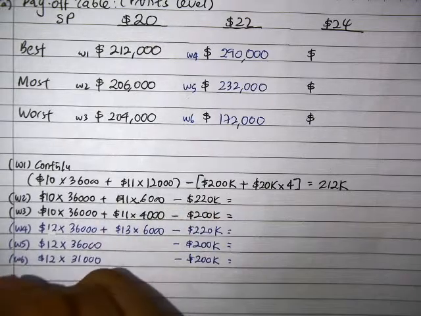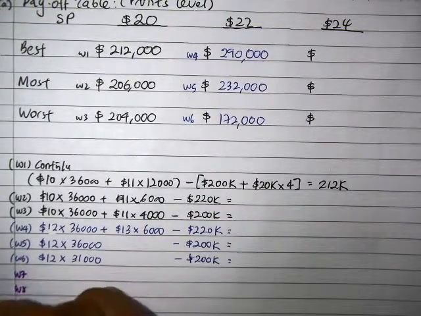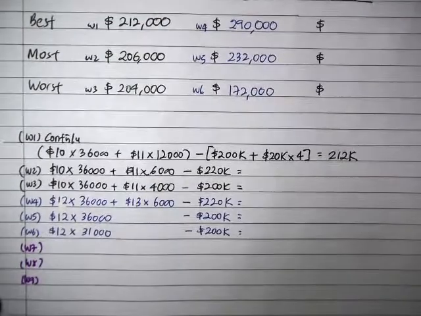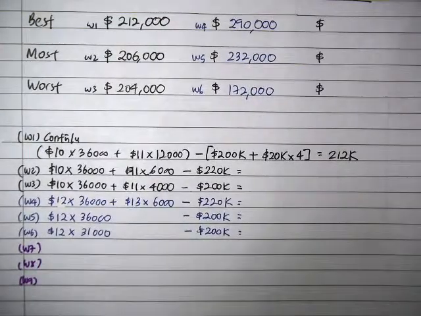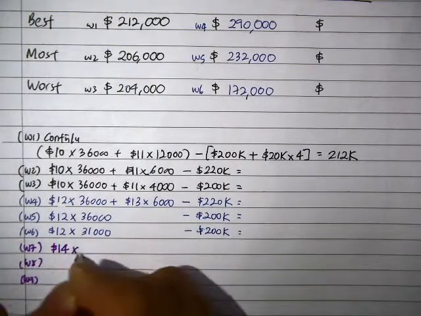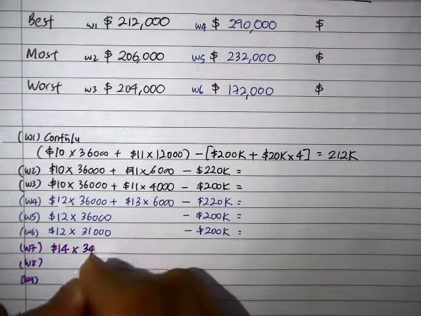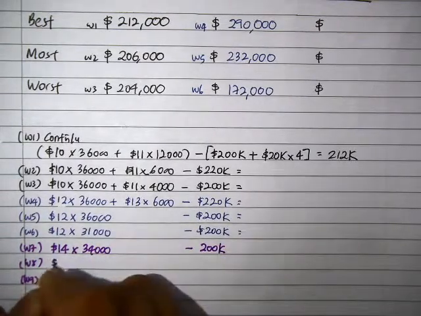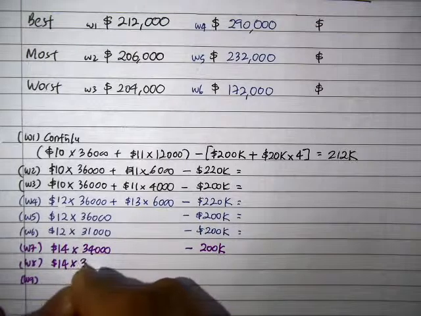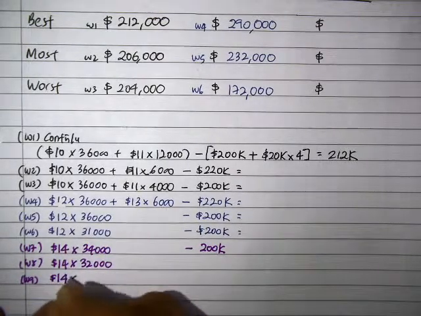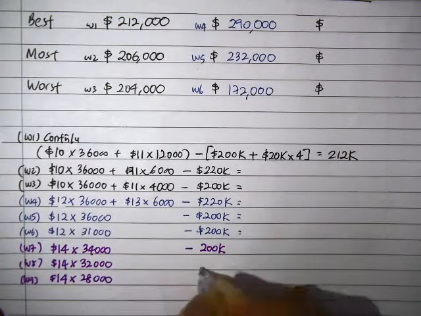Okay. Right, if you set the selling price at 24, then your contribution becomes 14 times 34,000 minus 200. 14 times 32,000. 14 times 28,000.